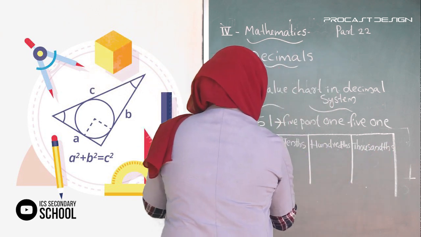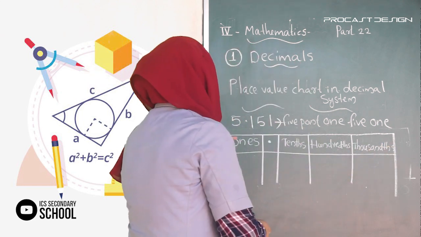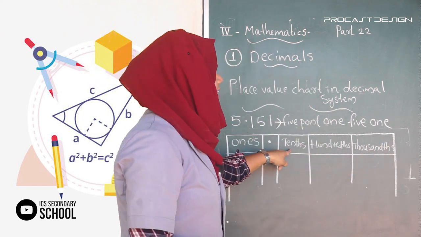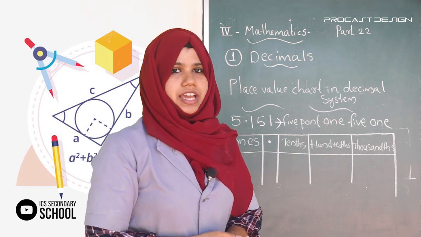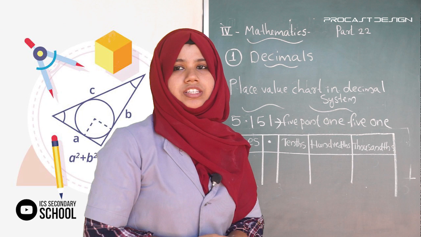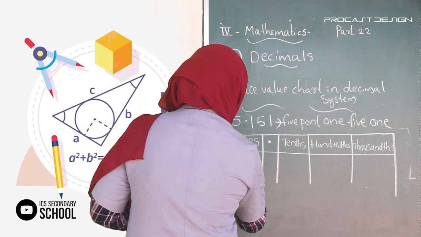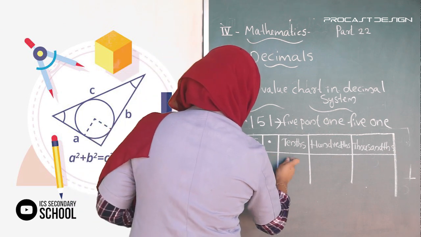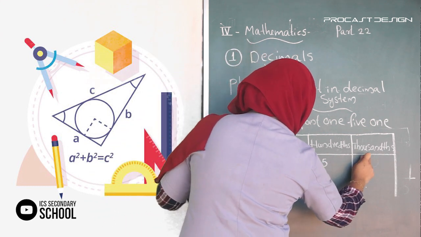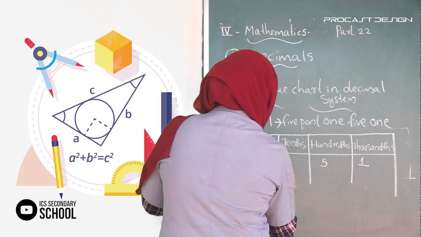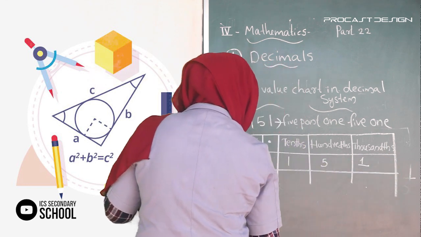Okay, so we write the places here. After the decimal point, the places are tenths, hundredths, thousandths. Okay, now we have to arrange these numbers. So 5.1, 1 tenth, 5 hundredths and 1 thousandth. Okay.